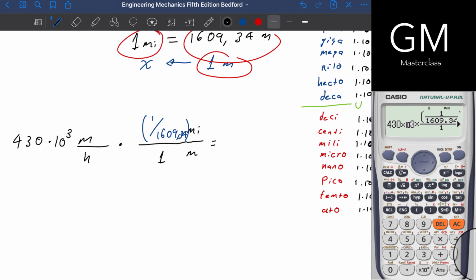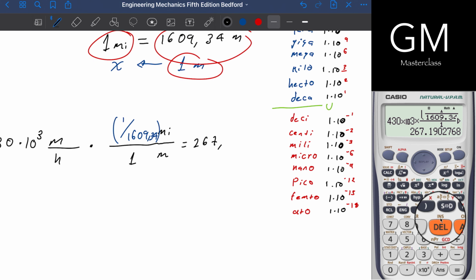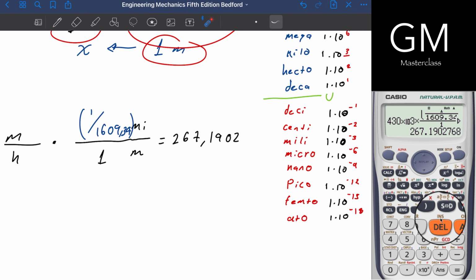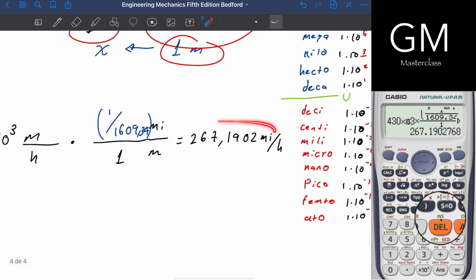The result is 267.1902. I'm going to use just 4 digits after the point. And the result is in miles per hour. So here we have the first result.